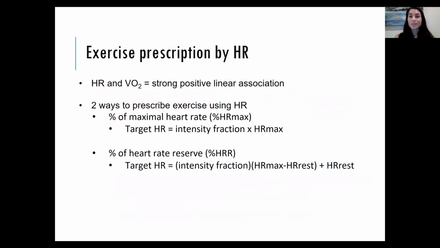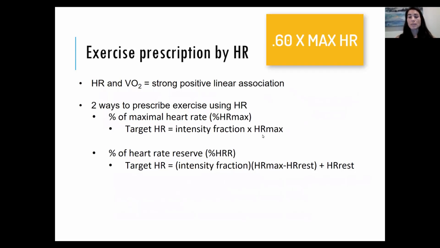Essentially, you take whatever percent you want them to work at, say 60%, and multiply that by their heart rate max. That could either be a heart rate max that you've measured, or an estimated heart rate max. So if you were going to do 60% of someone's heart rate max, you'd put in 0.6 times their max heart rate. That's pretty simple, and that's the one that you're most used to using.